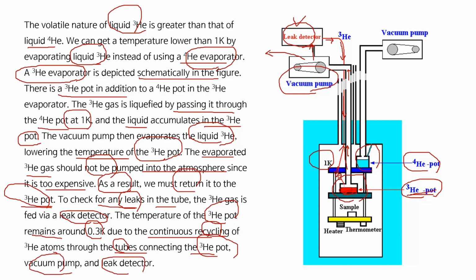So the evaporated helium-3 gas passes through the leak detector and then is fed into the helium-3 pot again. So passing through the helium-4 pot, this gas will become liquid and be put into the helium-3 pot.